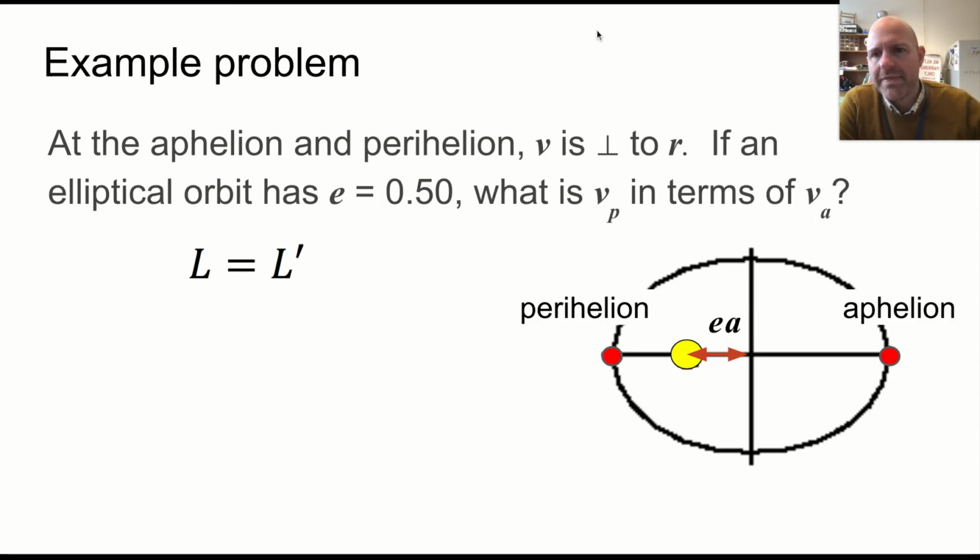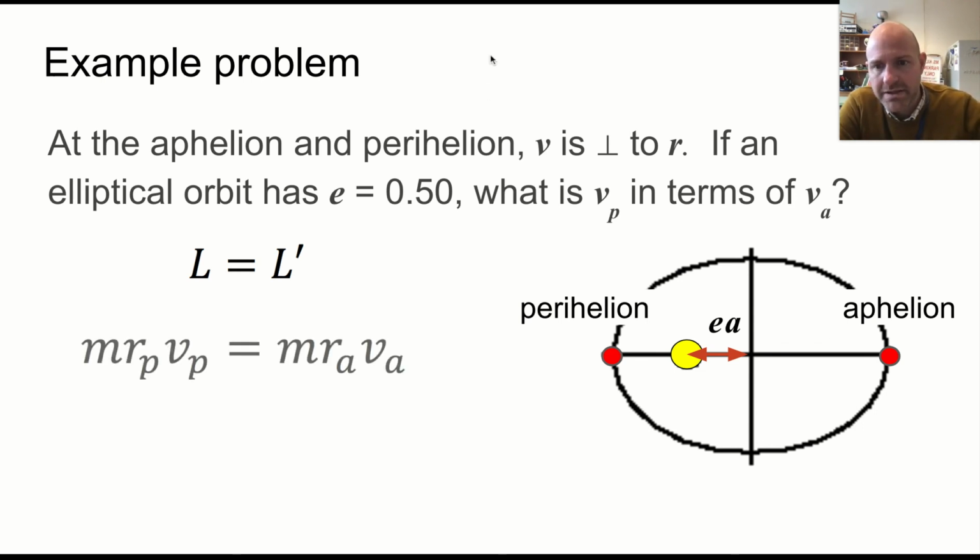An example: at the aphelion and perihelion, v is perpendicular to r. If an elliptical orbit has this eccentricity, what is the perihelion velocity in terms of the aphelion velocity? Well, we start with conservation of angular momentum: m r perihelion v perihelion equals m r aphelion v aphelion.